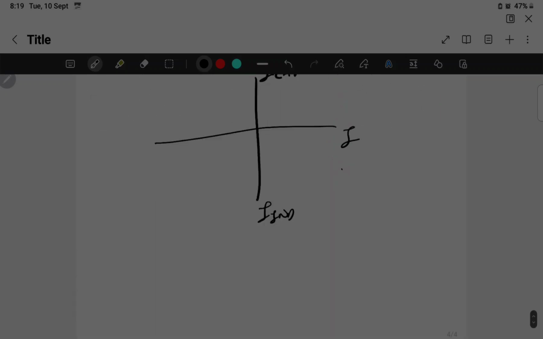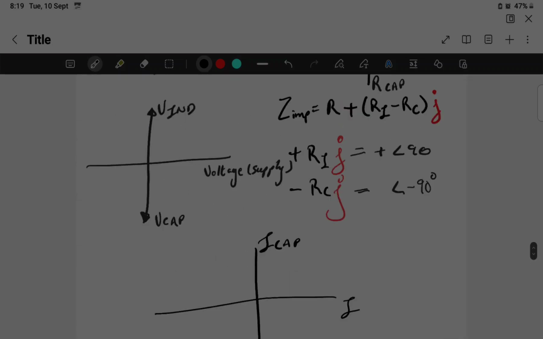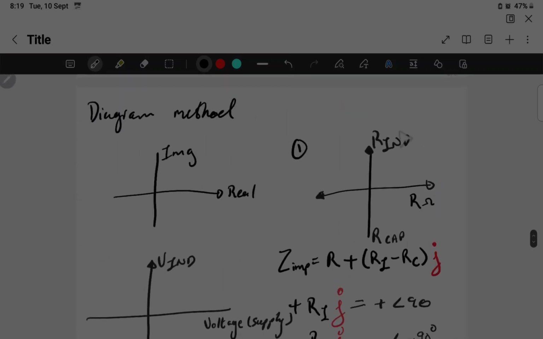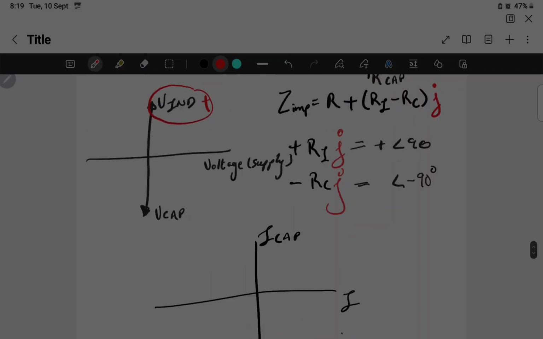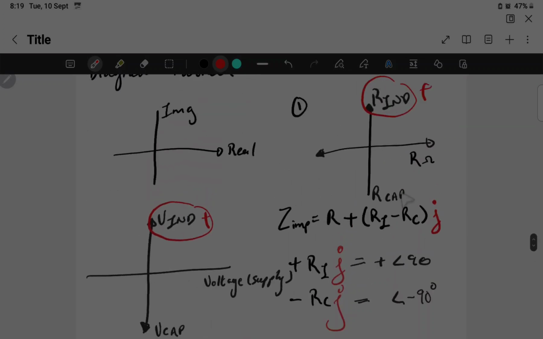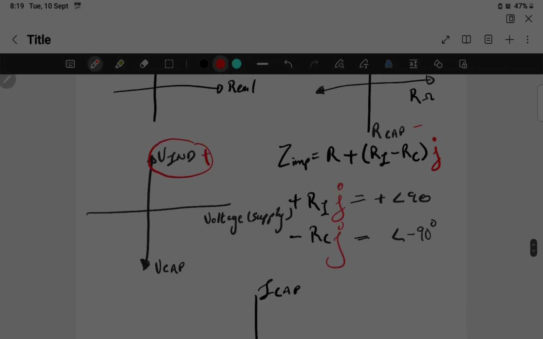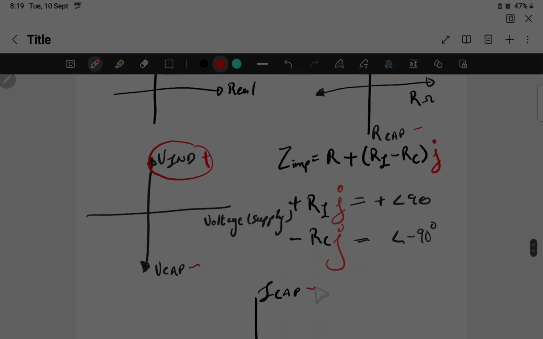So for voltage, let's look at inductance, right? So resistor is on top, positive. For voltage, inductance is on top, which is positive. But for current, it's negative, right? And you can see that capacitor is negative for voltage, but for current, it is positive, right?